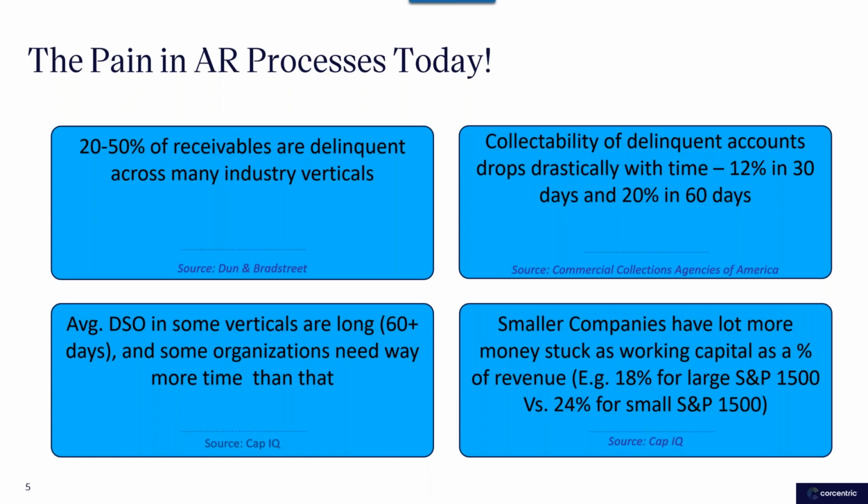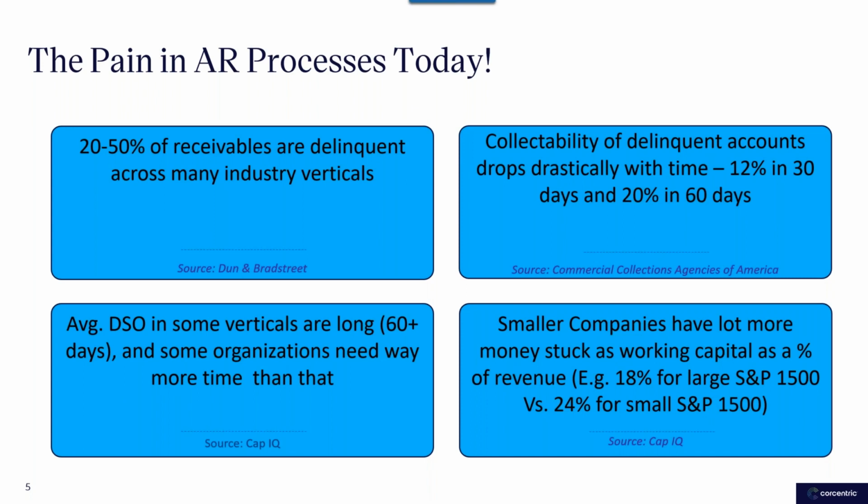And the spread between those who might be having a better shot at this could be anywhere from 20 days to 160 or 180 days. So there is a pretty wide spread across organizations, and especially in some verticals where the DSO might be all over the board. And because of this, the cash flow and just the working capital situation that it puts you in could be pretty challenging, right?